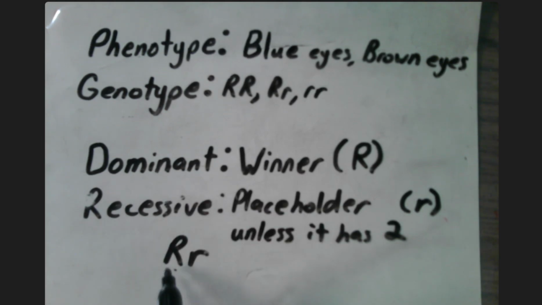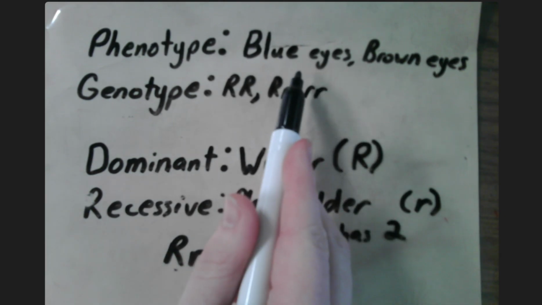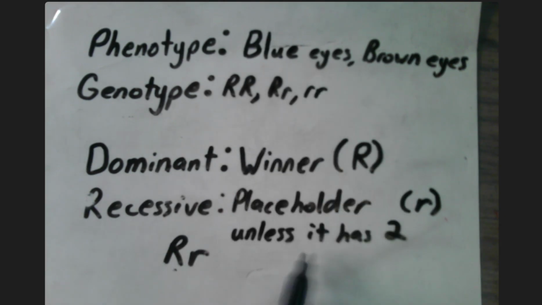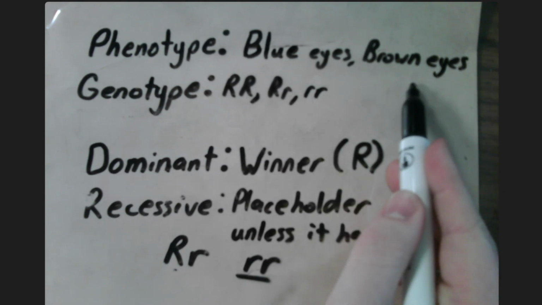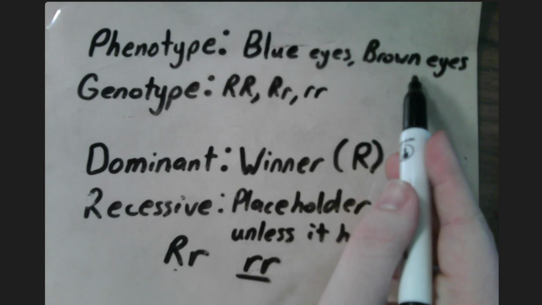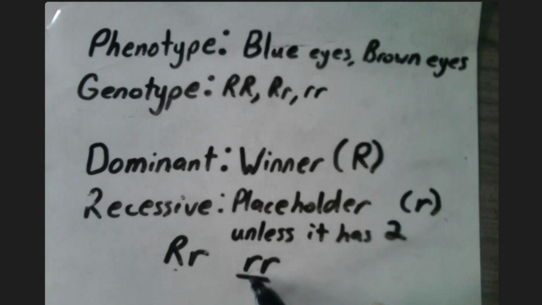So if dominant was for blue eyes, okay, the dominant would win. This lowercase r turns into a placeholder. Unless the problem has two lowercase. Then in that case, the recessive gene, which we'll say is brown eyes, is what that child will have.